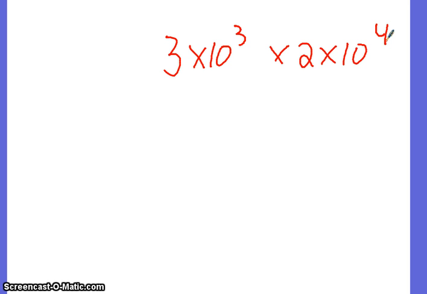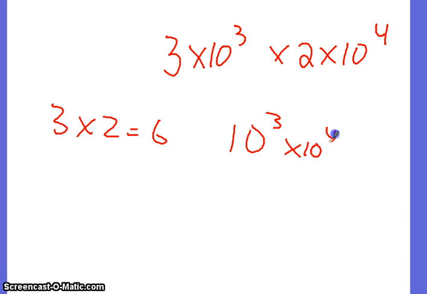All right, you would do 3 times 2 equals 6, and then you would do 10 to the third times 10 to the fourth, which would be 10 to the 7th power. Now, anyone know way back when what that's called when we can, in multiplication, move the order around? There's a term for that. It starts with C. Oh, a commutative? Commutative property of multiplication. Remember that?